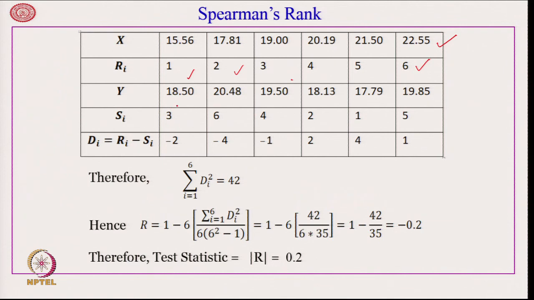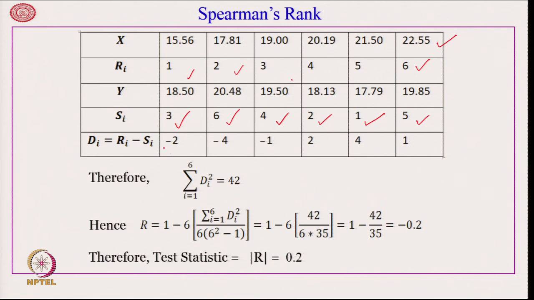Now, these are the corresponding y values, and let us see what their ranks are. So, this is rank 1, that is S5 is equal to 1, S4 is equal to 2, S1 is equal to 3, S3 is equal to 4, S6 is equal to 5, and S2 is equal to 6.